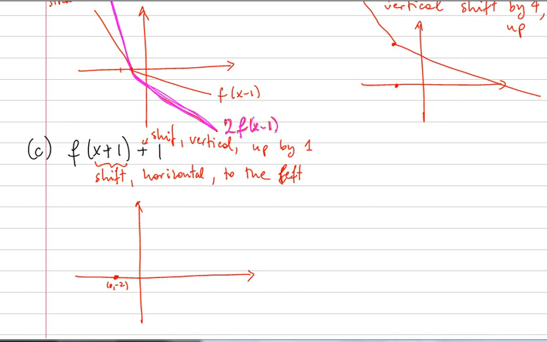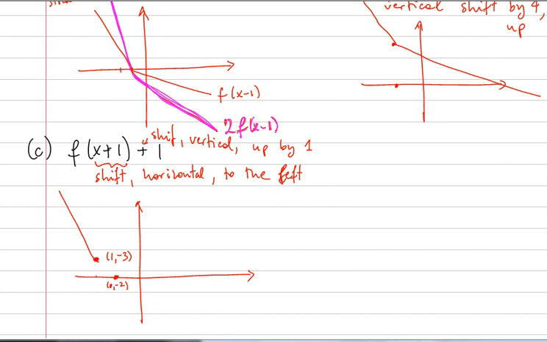0, -3, and then 1, -3. So this breakpoint between the two straight lines occurs at this new point 1, -3, and it becomes the same thing. So it's gonna be something like this.